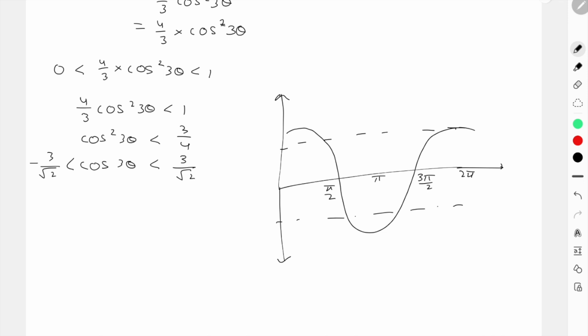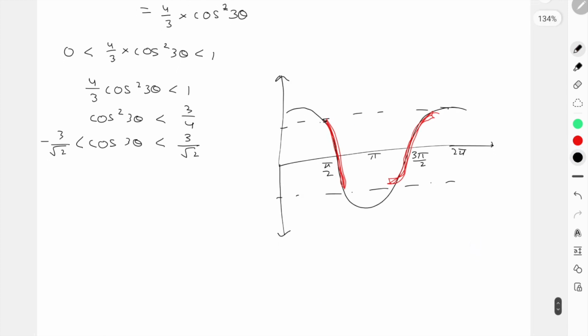And so if it's in between that, we know that it's just going to be this region, right? We don't have to consider this region because that's out of limit. So what we can do right now is find this value. So we can do cos inverse of 3 divided by root 2.